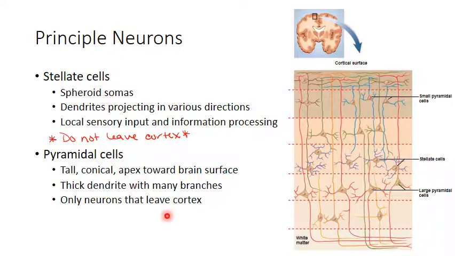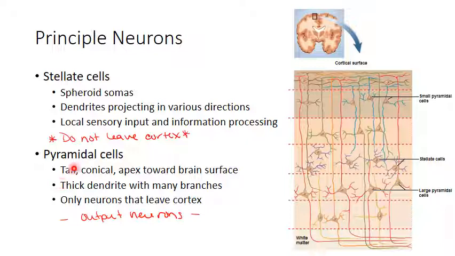So the pyramidal cells leave the cortex. They are ultimately going to be our output neurons. They're going to take our information from the cerebral cortex and carry it to another region. So they are our output neurons.